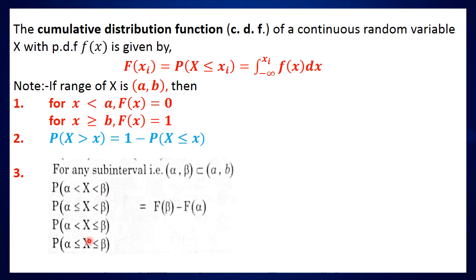These all probabilities can be calculated by using this formula F of beta minus F of alpha, where F of beta is the cumulative distribution function value when x is equal to beta, and F of alpha is also the cumulative distribution function of alpha.